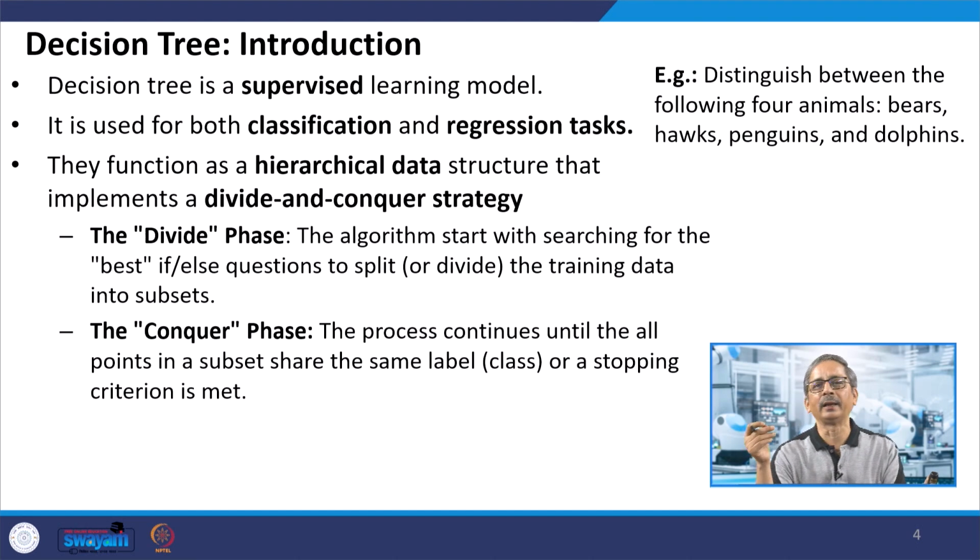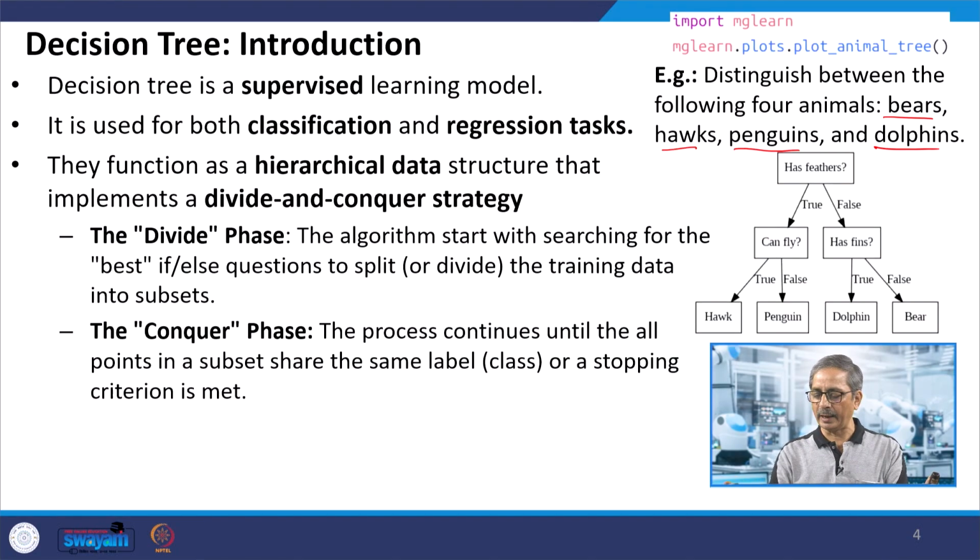Let us see an example. We are asked to distinguish between four animals, say bear, hawk, penguin and dolphin. So, we could do it like this. First we can ask: do they have feathers? If it is true, then we can again ask: can they fly? If it is true, it means that it is a hawk, and if it cannot fly, it means that it is a penguin.